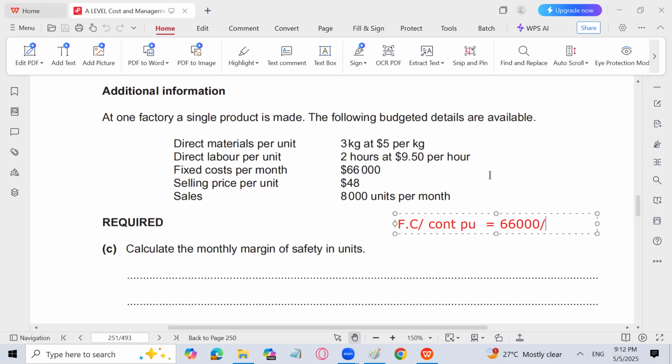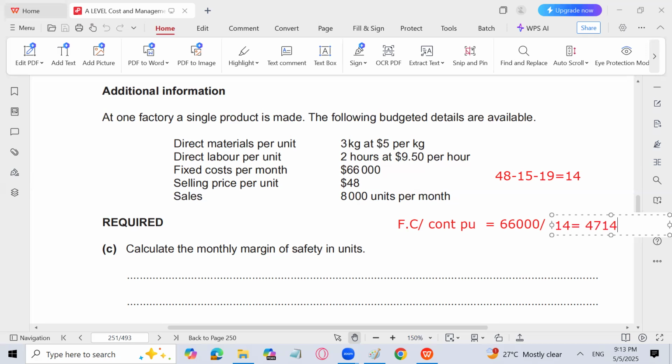So we can calculate the break-even. Selling price minus variable cost per unit, which is 15 plus 19. So we'll get the contribution per unit, 48 minus 15 minus 19, that is 14. Now you can calculate break-even in units, fixed cost divided by contribution per unit, 66,000 divided by 14, that is 4714 units.